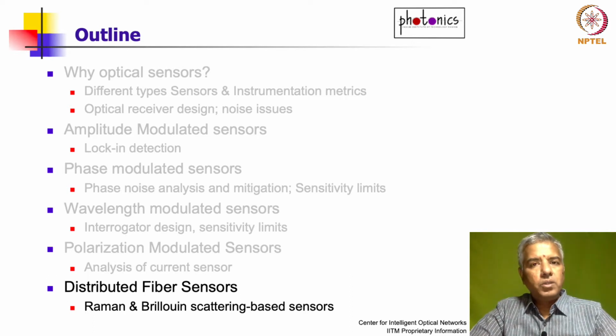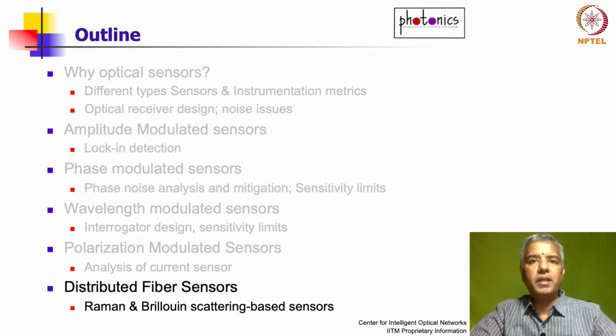So you could send a pulse down the fiber, and you could possibly look at light that's backscattered, and from the backscattered light you can possibly try to learn what is happening down the fiber.